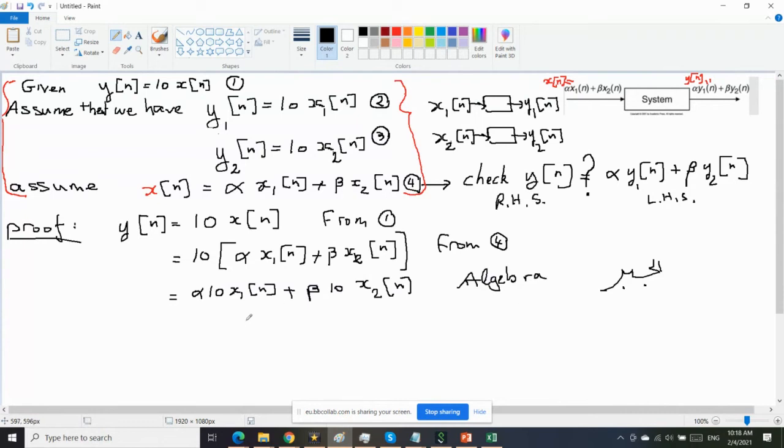Well, this part, according to equations 2 and 3, is equal to y1 and y2.